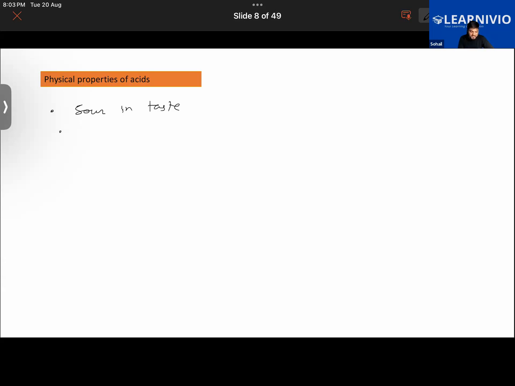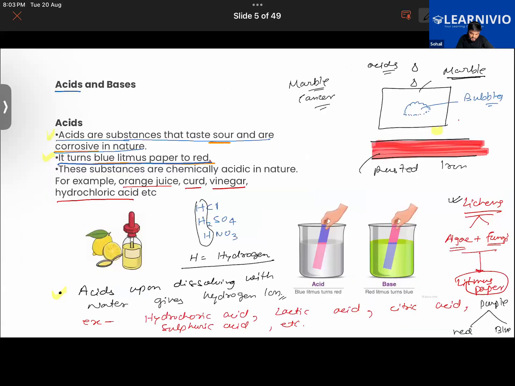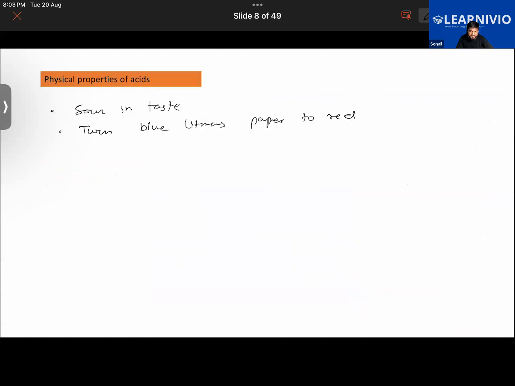Furthermore, they will turn blue litmus paper to red. Remember, which we learned moments ago, blue litmus paper is turned into red color. That is another physical property of acid. Getting it now?